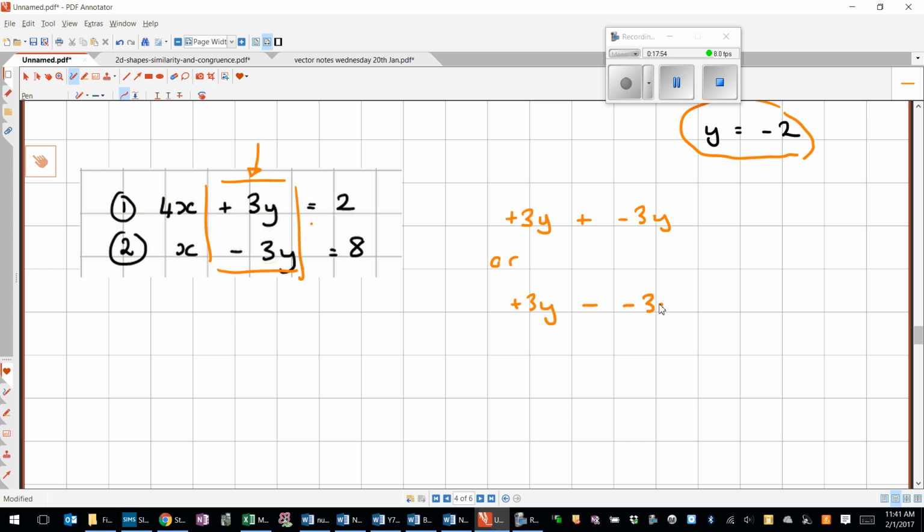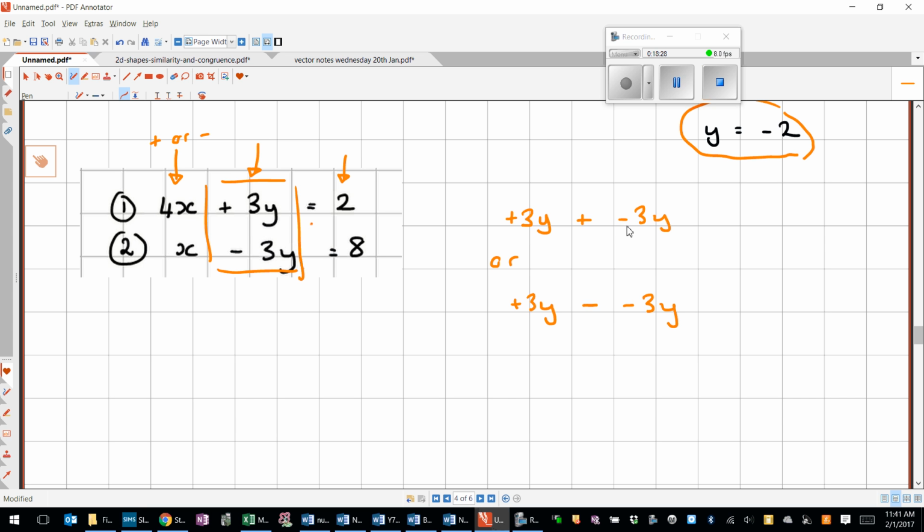Because I've got to do the same to each part, and I'm going to add or subtract. I need either the x's to become nothing or the y's to become nothing. Okay, I've picked the y's because I have 3 and 3, so 3 and 3 would make 0 if I were to subtract. But I've got positive 3 and negative 3.